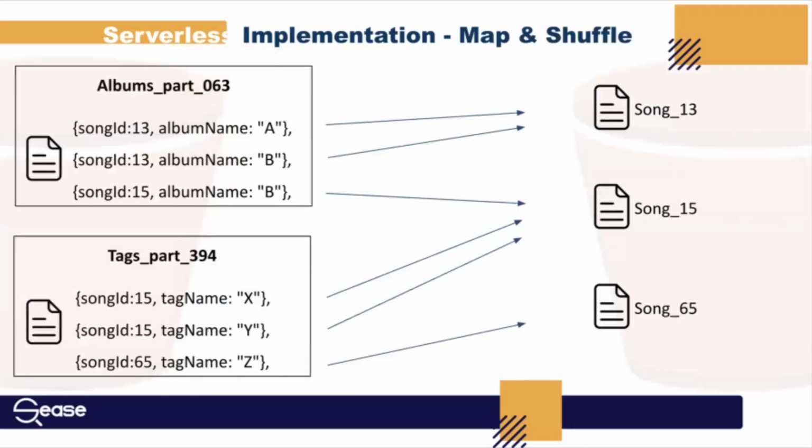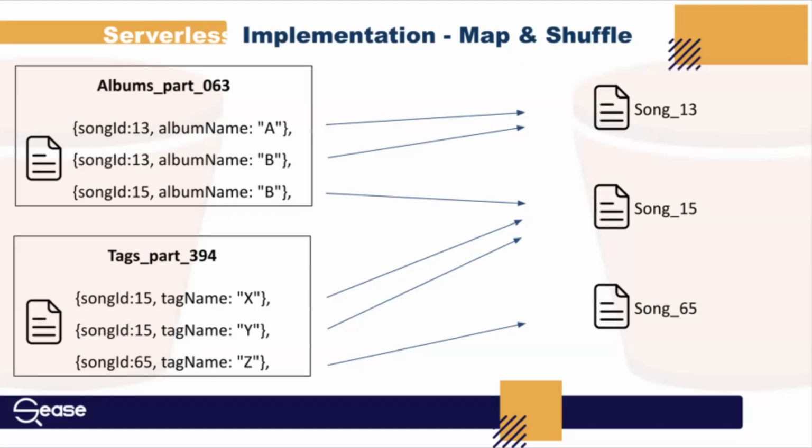So what the map and shuffle does is, first of all, process all files in parallel. For each file, it reads record by record and sees, okay, song 13, let's create a file, it doesn't exist yet, in another S3 bucket, song 13, and append that value, album name A. In this case, we can do a single write. We have album name A and B for song 13.